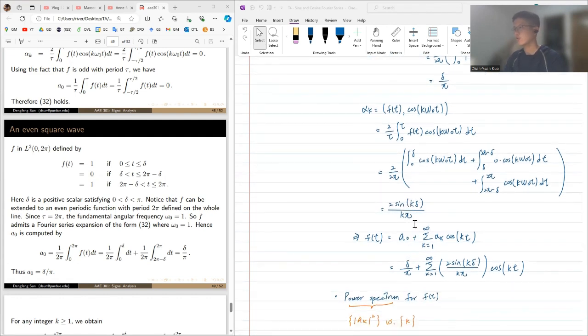Now we have found the coefficients and we substitute them back into the expression, and we will get f of t equals delta over pi plus the summation of 2 times sine of k delta over k pi times cosine of kt, and k is from 1 to infinity.